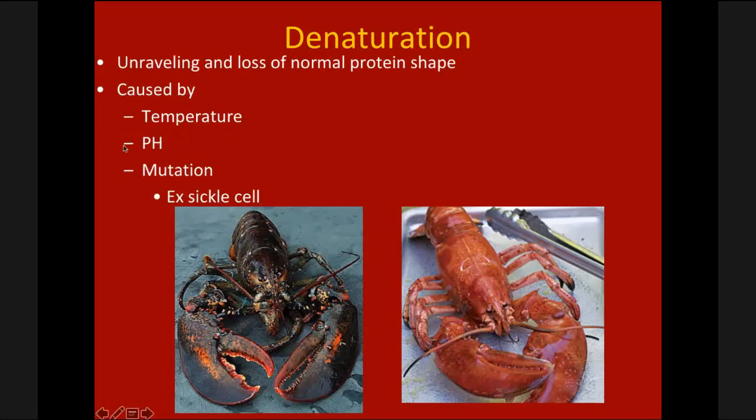All right, pH. Remember what we learned about pH? If you're acidic, you have a lot of lonely H+ ions. If you're alkali or basic, you have a lot of lonely OH ions, and they start interacting with existing molecules. So if you have an acidic solution, all those H+ ions start to interact and disrupt the bonds between functional groups and can denature that protein.